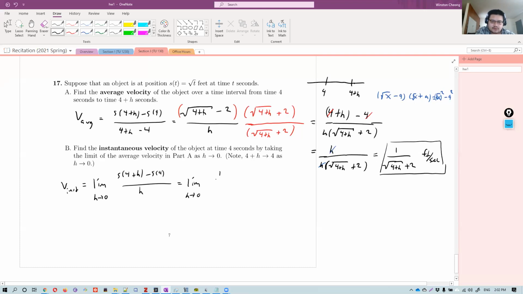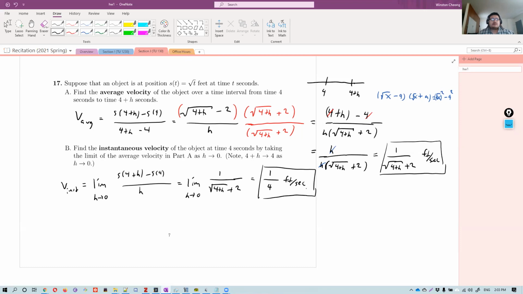We end up getting 1 over the square root of 4 plus h plus 2. And this is really nice because we can just plug in. And we get 1 over 2 plus 2, 1 over 4, and the units are feet per second. Okay. So any questions on that? Any questions on anything else?